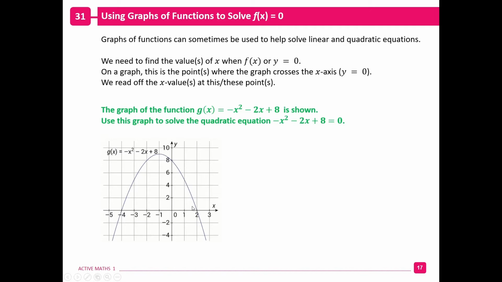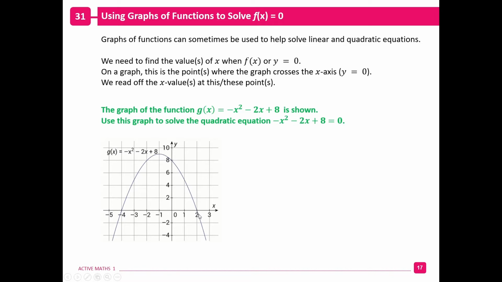And now you can understand why it sometimes tells us to find the values of x, more than one. This quadratic function crosses the x-axis at two places. It crosses it here at the number -4 on the x-axis, and it crosses it here at the number 2 on the x-axis.